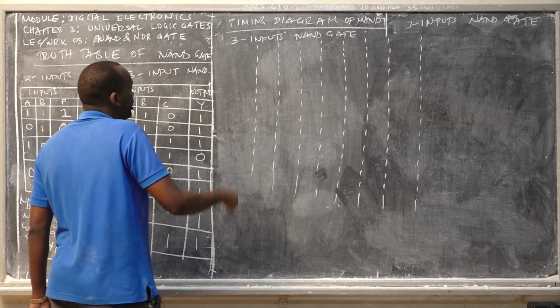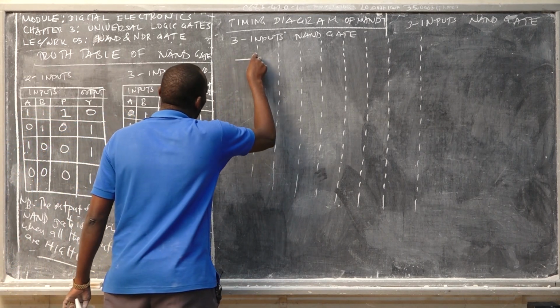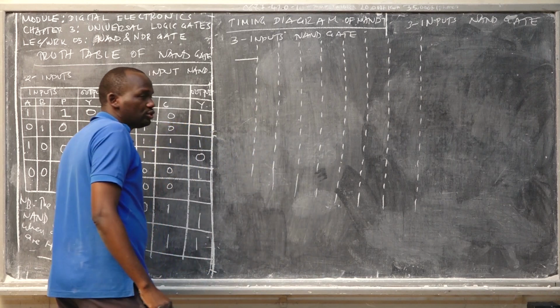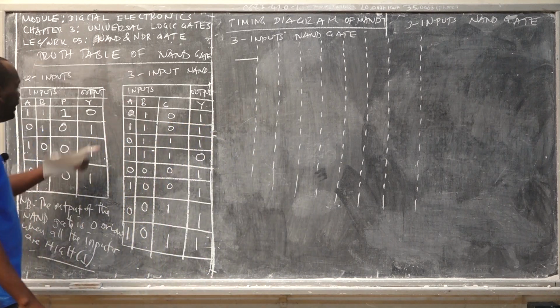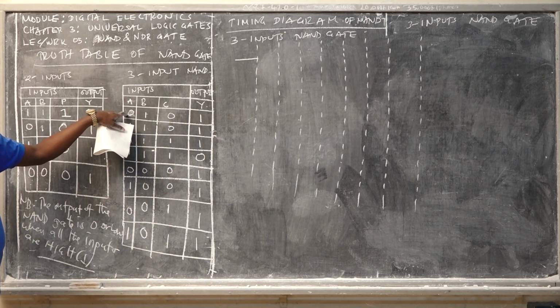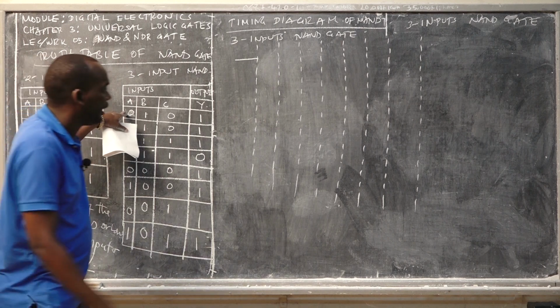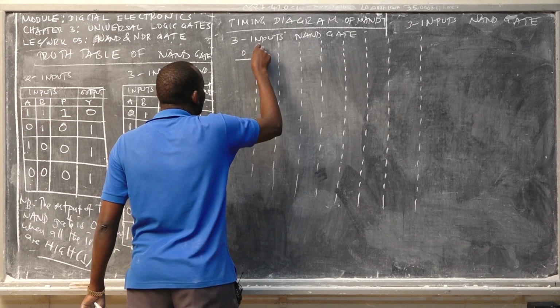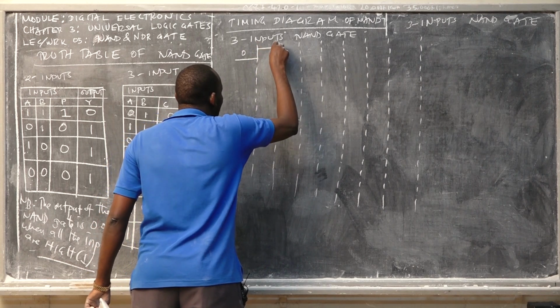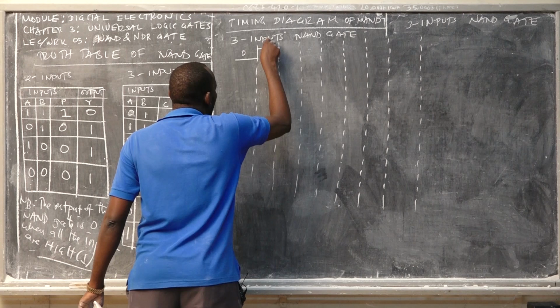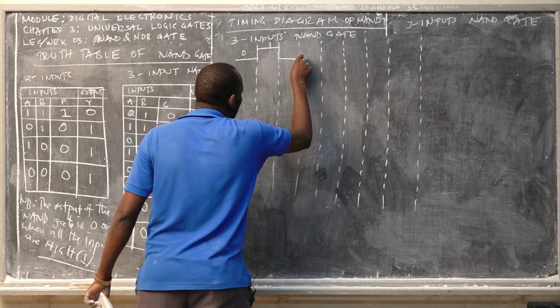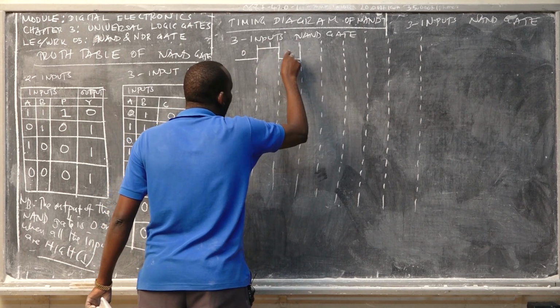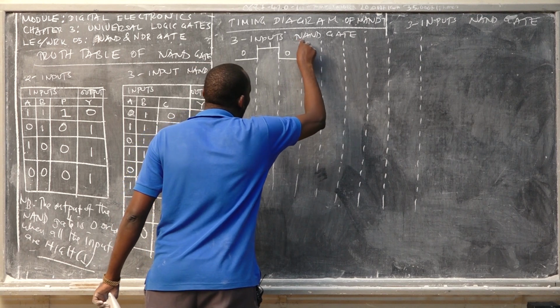So let us start with input A. I said, stop drawing, listen, and watch. So the input A, the first bit is 0. Right? The second bit, high. Are you sure? It's 1. The next bit, 0.